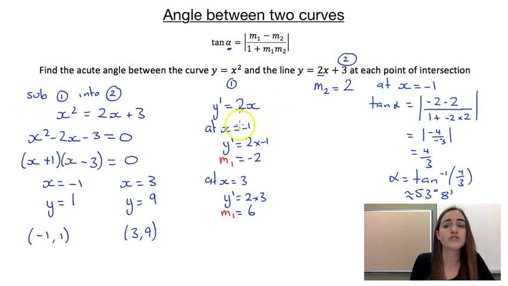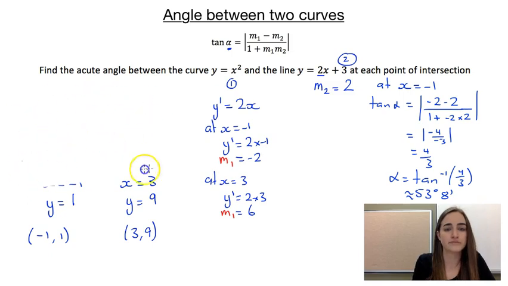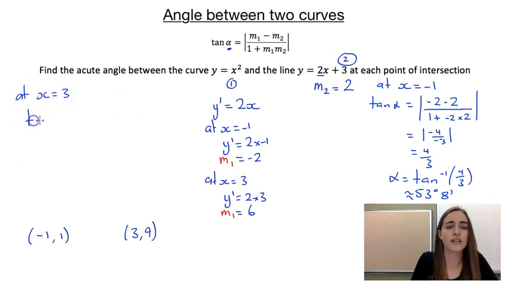Now we also have to do that for our second point of intersection. I'm just going to rub off this bit up here so we've got some space. At x equals 3, we have tan alpha equals the absolute value of m1 minus m2, so 6 minus 2, over 1 plus 6 times 2.